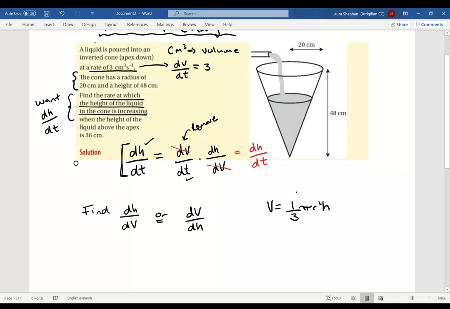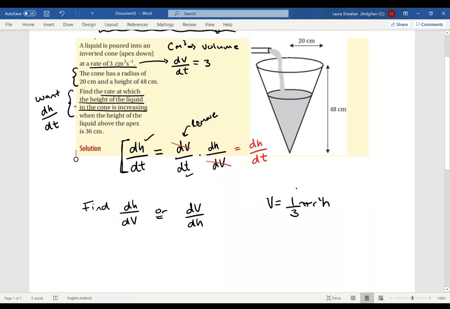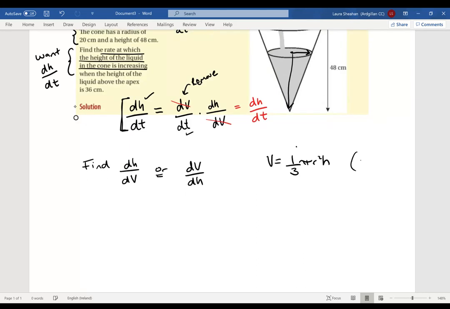If I look at this cone here, I want to find the rate at which this is increasing. Now my radius here is not 20. My radius of the main cone is 20, so the maximum radius it can be is 20, and the maximum height it can be is 48. But for the liquid, I'm just talking about the liquid cone, not the full container.